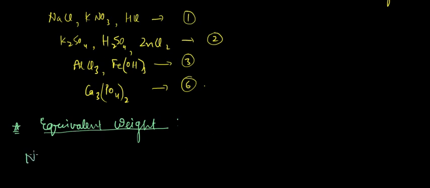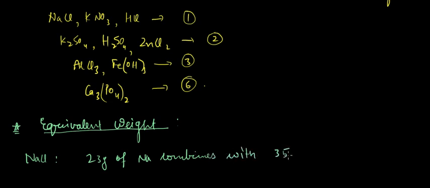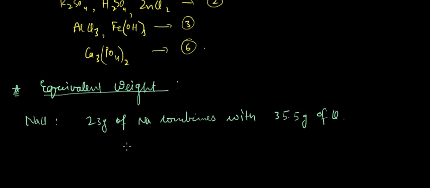So let's say we have an example of NaCl in which 23 grams of Na combines with 35.5 grams of chlorine. So the equivalent weight of Na would be 23 grams.